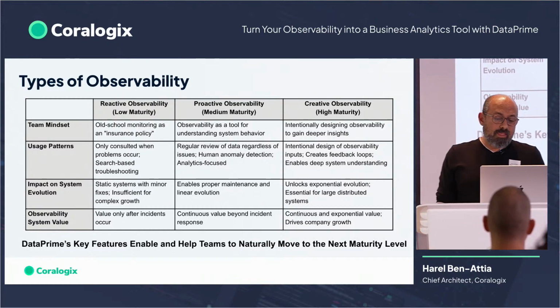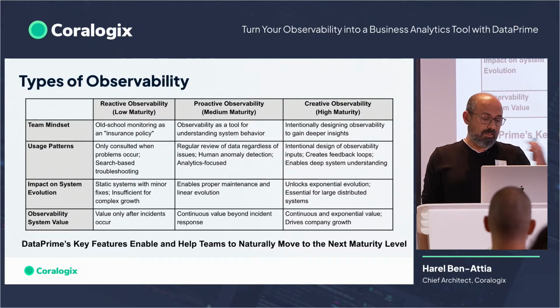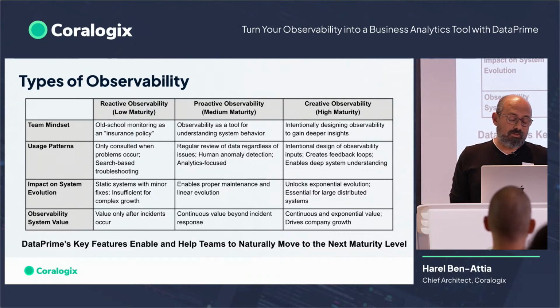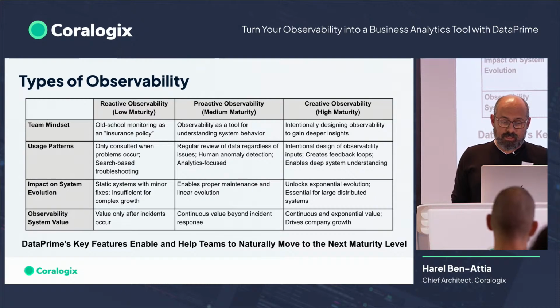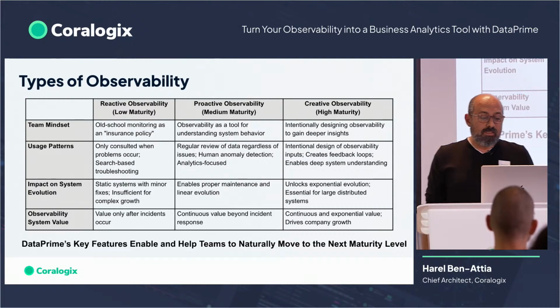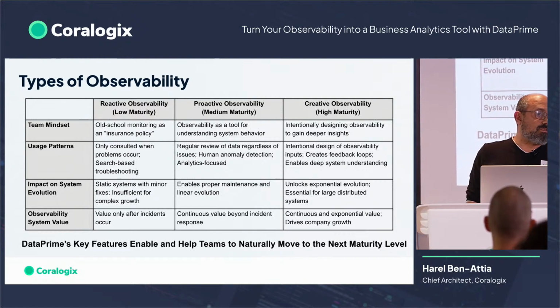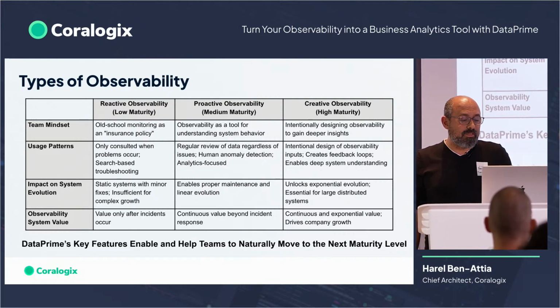I think this gradual path that companies are taking allows them to unlock extreme value from the observability system. Think about the reactive phase: the value is only retroactive. It's realized only after incidents occur.